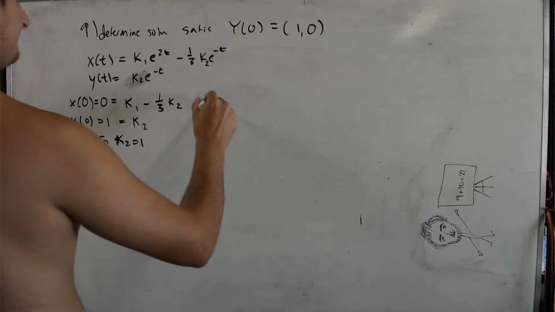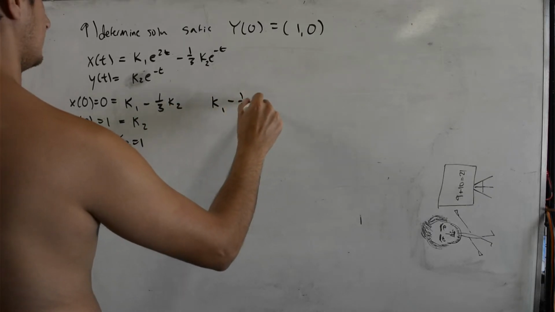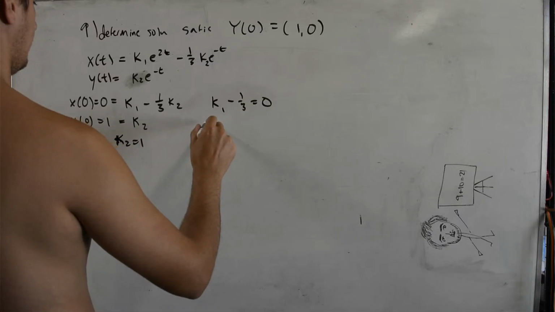Okay, so now we get k1 minus 1/3 is equal to 0. Really?